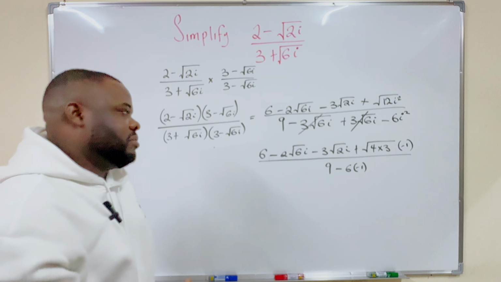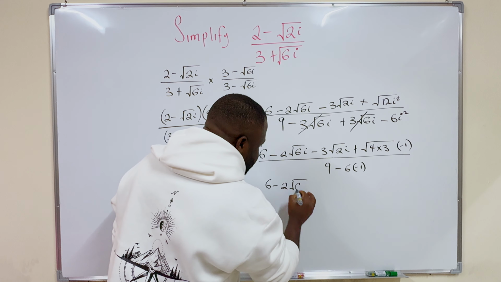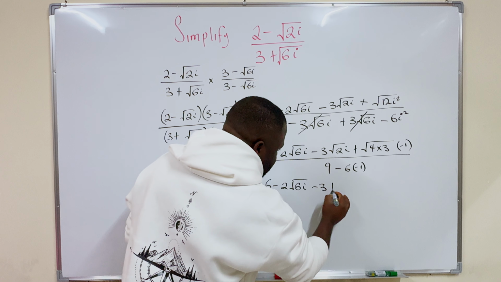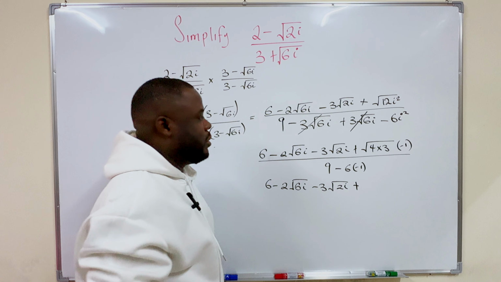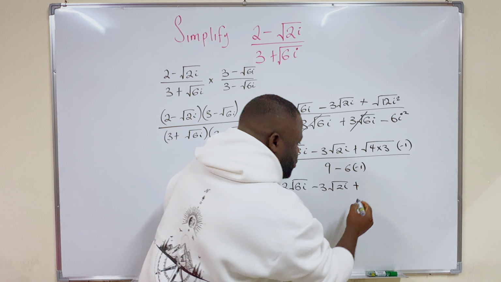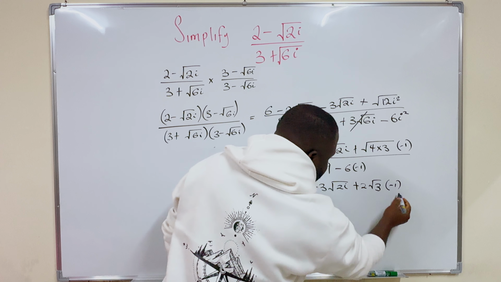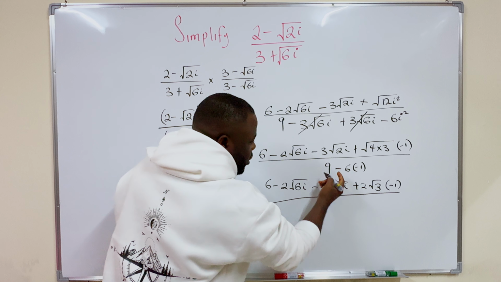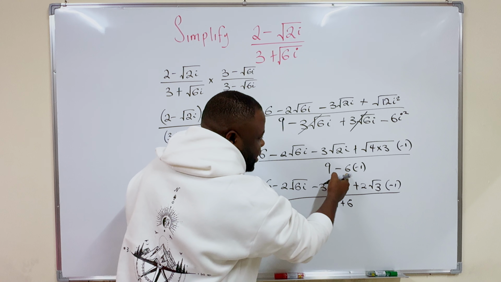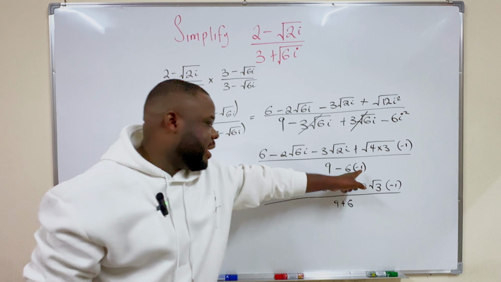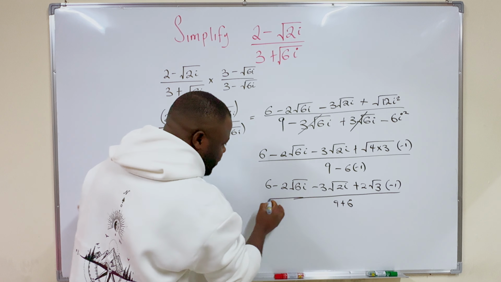So let's simplify further. You have 6 minus 2 square root of 6i minus 3 square root of 2i, now plus 2 square root of 3 times negative 1. Over 9 plus 6, because negative 6 multiplied by negative 1 gives you positive 6.